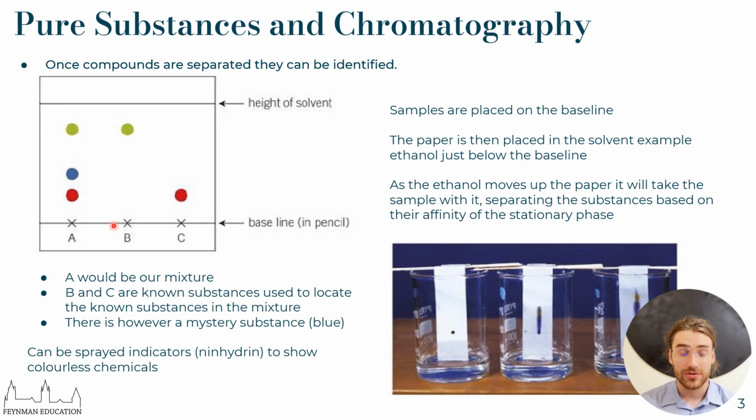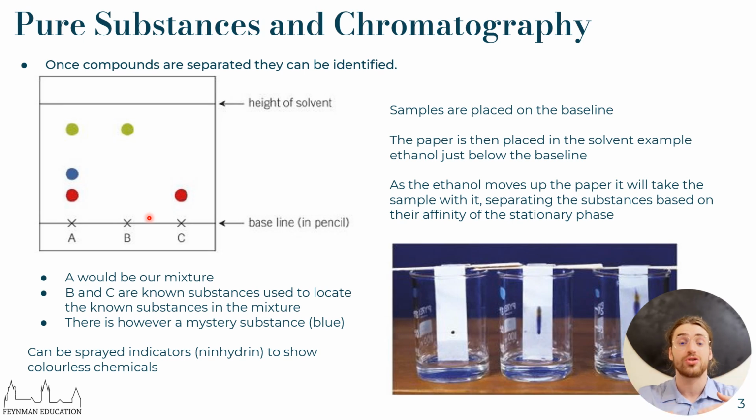The next thing that we have to take note of is how deep in the solvent we put our chromatography paper. Another thing tests will do is they will put the solvent well above the baseline and say, what is wrong with this? You would have to then say the solvent has to be below the baseline so that the samples don't disperse into the solvent. We don't want these samples to go into the solvent.